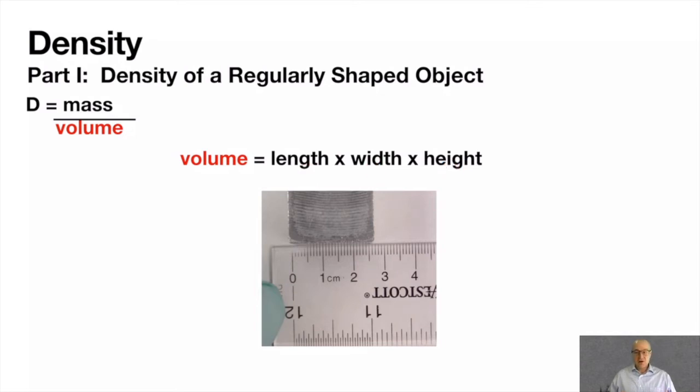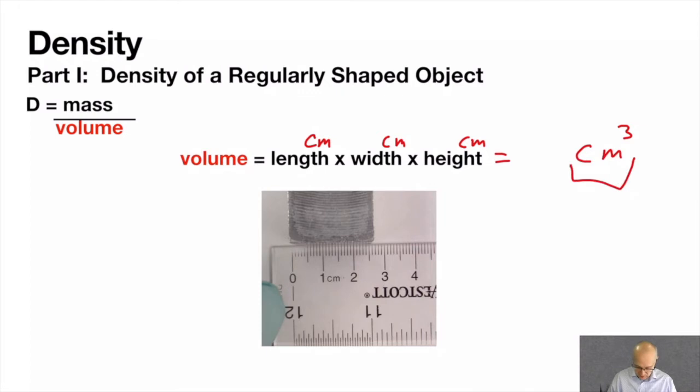If it's a regularly shaped cube, you can determine its volume. Just multiply it through. Now, in this example, you're measuring in centimeters, so it'll be centimeters by centimeters by centimeters, and the final unit will be centimeters cubed.